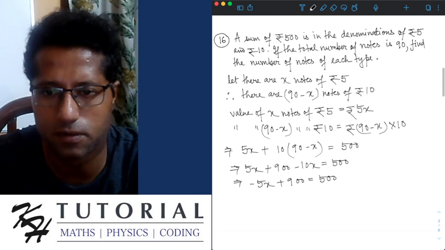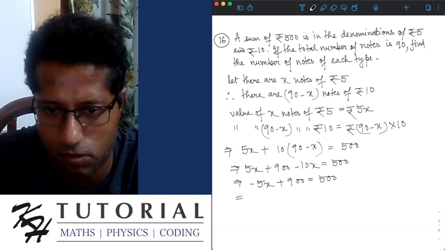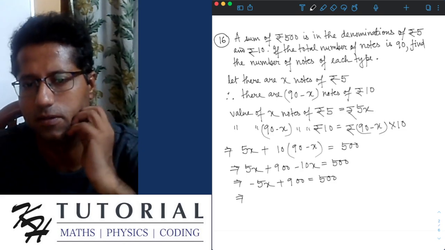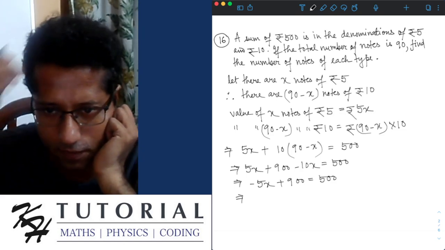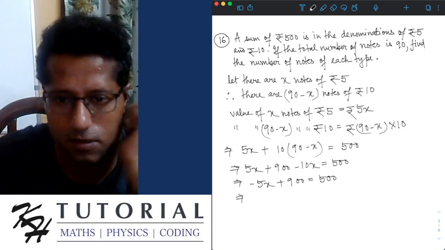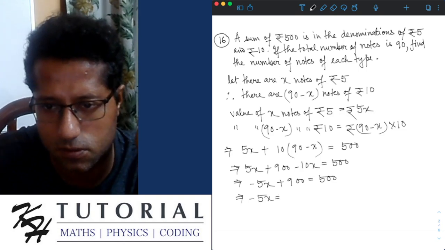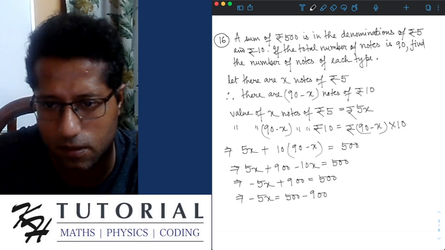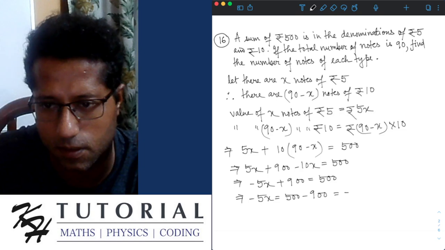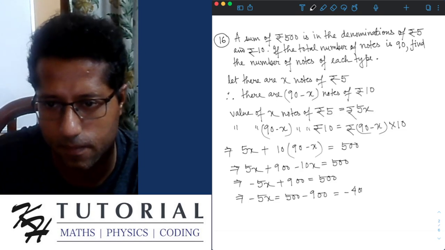Now I will bring all the constants to the right hand side. That is, we will bring the constant 900 from the LHS to the RHS, and we get minus 5x equals 500 minus 900. This equals minus 400.